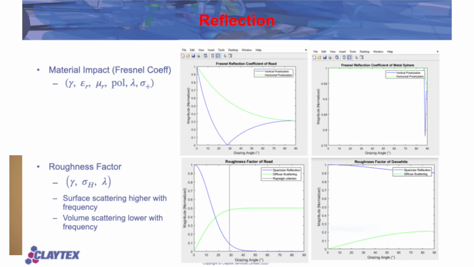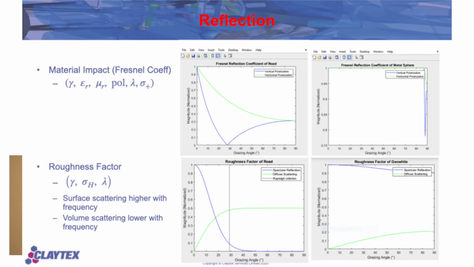You also take into account the roughness. So you have the surface roughness, which is all the more important when it's the same size as your wavelength, but also the layer roughness. If you have inhomogeneities inside your layers, you will have diffuse effects, and those work the opposite way.